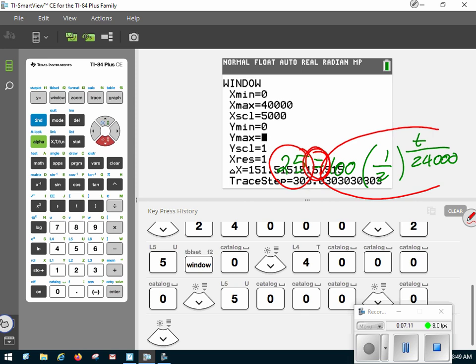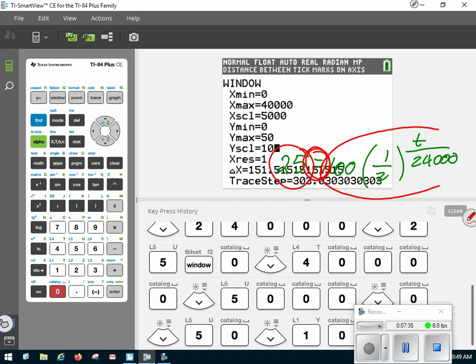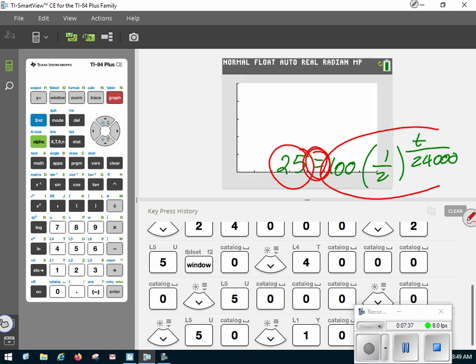If you want to go to 50, that'll be fine. Now listen, if you just say I've got to go past 25, don't go to 26. At least go to 30. Now again, you're telling the calculator you want to make a tick mark from 0 to 50 every 1. You want every 10 would be fine. We could do that. Now we'll graph.